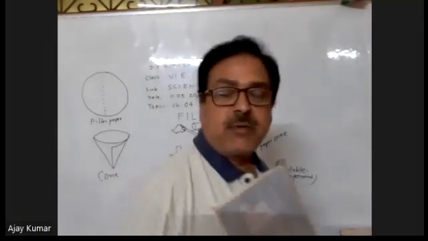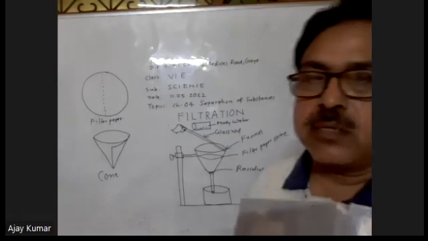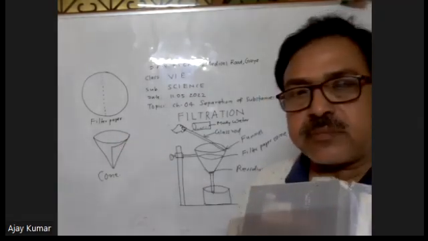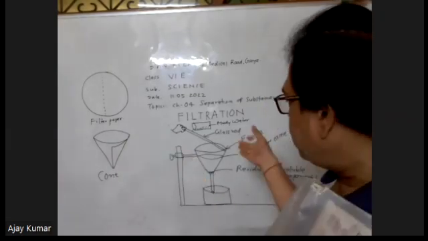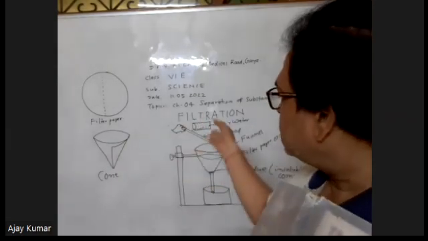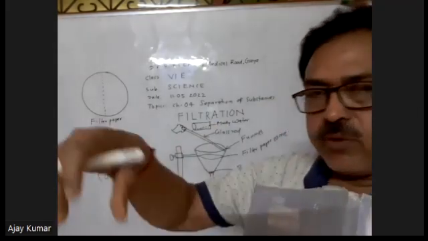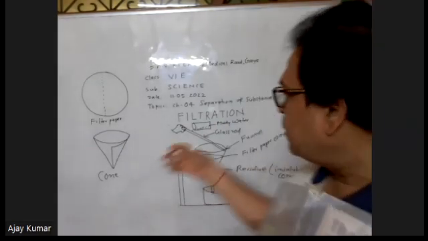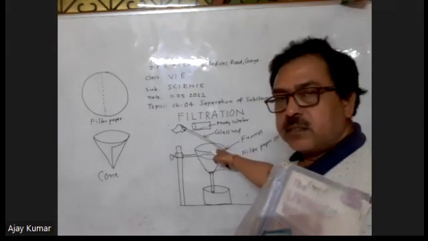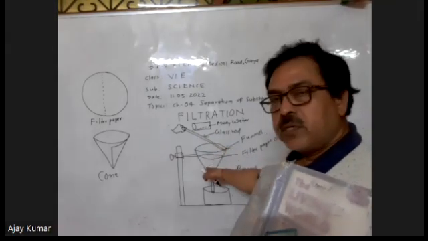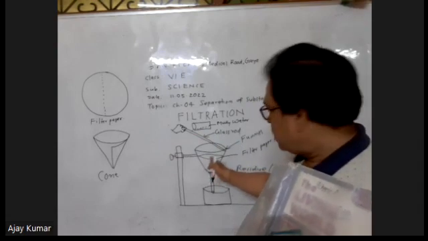So for filtration, what will you take? You will take the filter paper, cut it in a circular shape, and fold it in the shape of a cone. Place it in the funnel. Take a glass rod, and muddy water kept in the beaker is poured over the glass rod. What happens then? The muddy water comes to the funnel. It enters into the cone-shaped filter paper placed in the funnel.